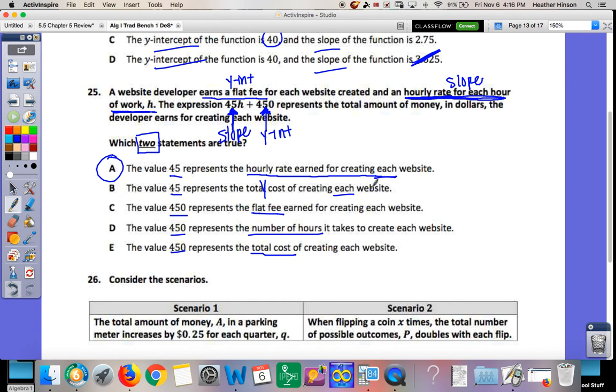Is it the number of hours, or is it the total cost? In this case, it's going to be flat fee. The number of hours is X. Time is going to be, well, in this case, H. The total cost, that's Y, not the y-intercept, just Y, just your total. Your initial is going to be the flat fee, so C.